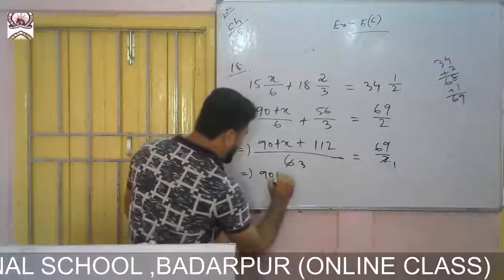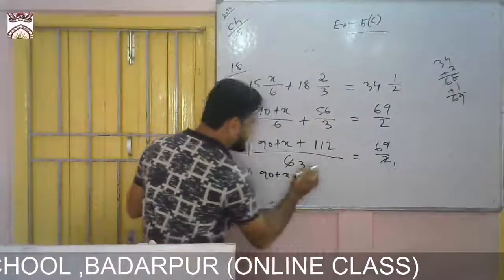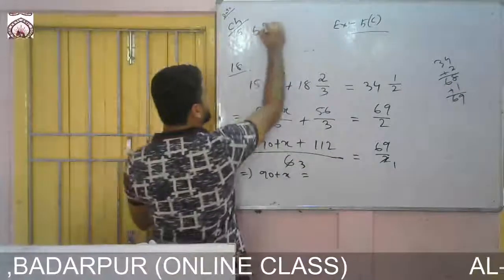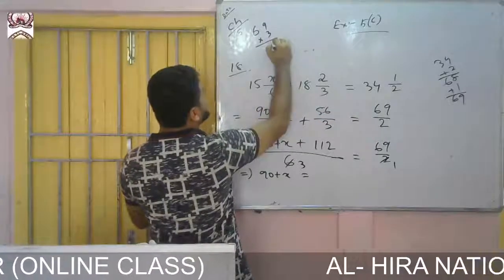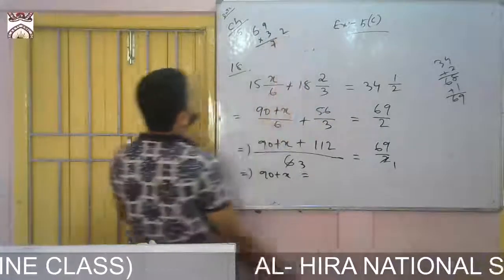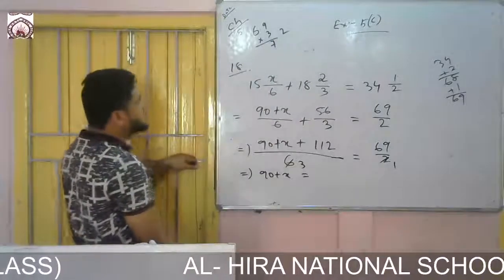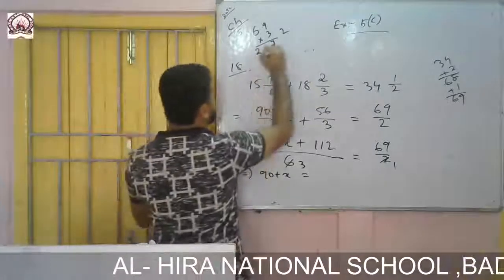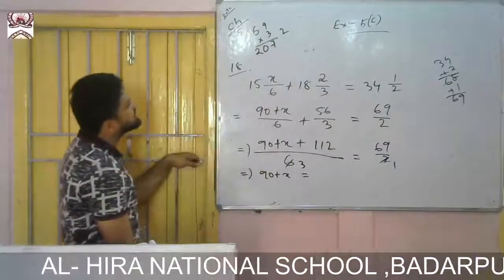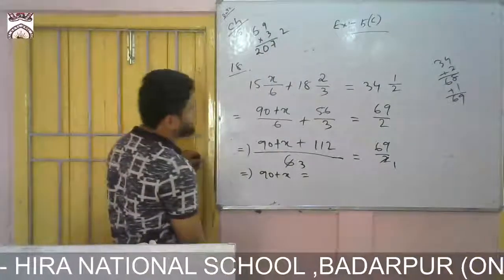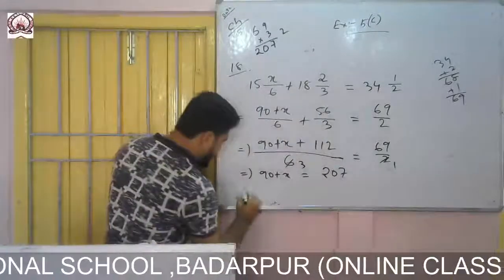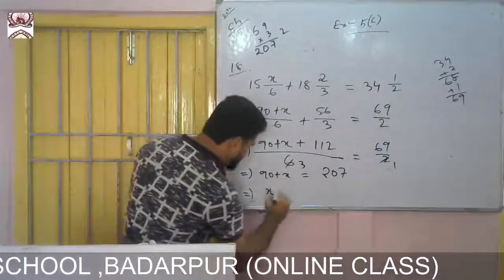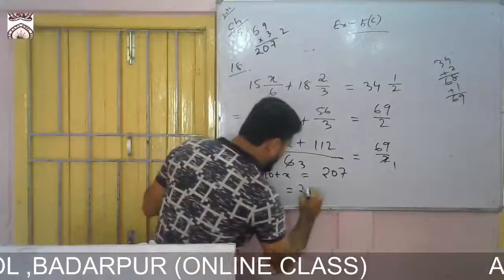So 90 plus x equals to 3 into 69. So 69 into 3, how much? 3 9 jar 27, and remain 2. Then 3 6 are 18, 20, 207. So here we are coming 207. Now x equals to what?